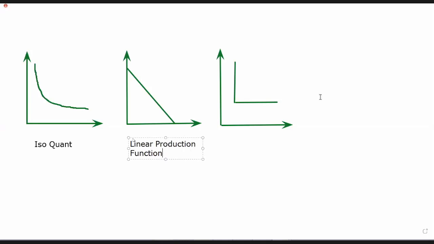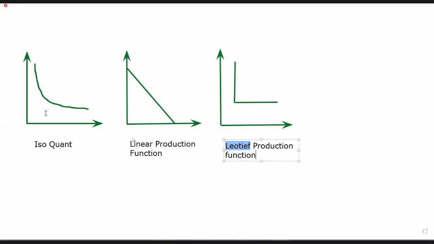Right? And in this graph, it is the Leontief. You need to write it: Leontief production function. You need not have knowledge of this word Leontief, right?